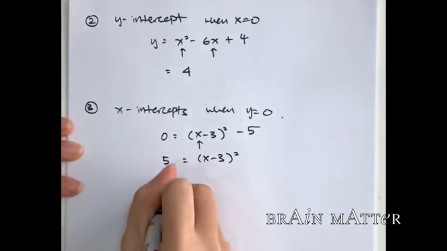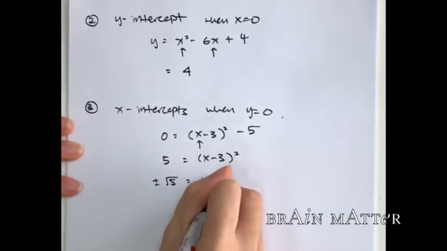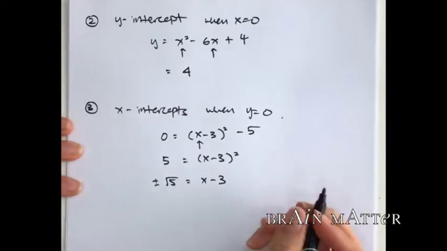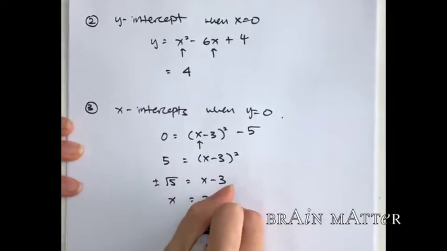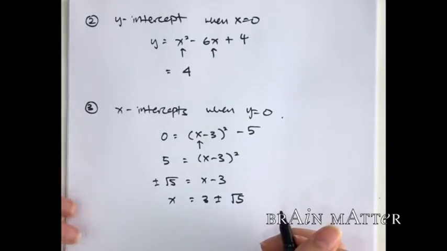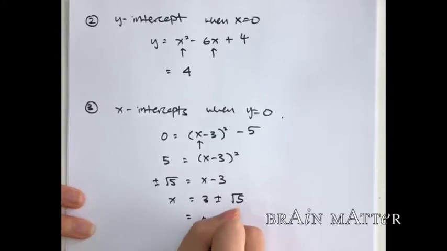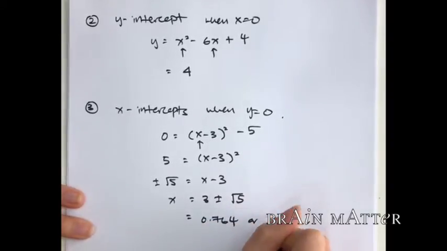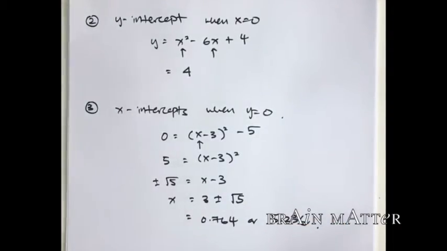Remember plus or minus square root of 5, because I take the square root on both sides of (x minus 3) squared equals 5. So x will be equal to 3 plus or minus square root of 5, and the answers will actually be 0.764 or 5.236.